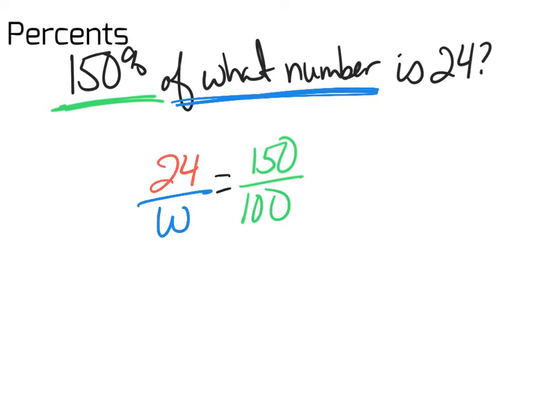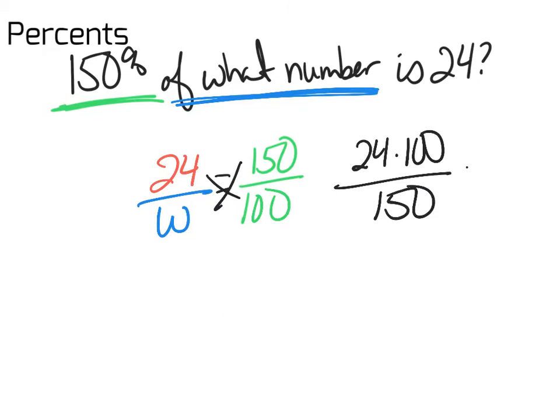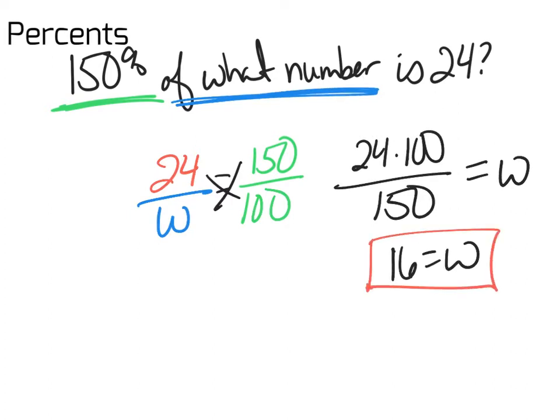I'm going to cross multiply and get 24 times 100 divided by 150 equals W. Plug that in your calculator, 24 times 100 divided by 150, and I get 16. So 150% of what? 150% of 16 is 24. So my answer is 16.